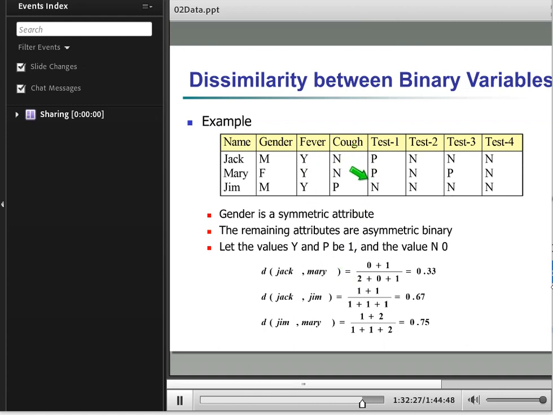Both of them are 1, in test 1 and fever. Both of them are yes. So 2 shows this in favor, and in test 1 both of them are 1, positive, or yes.